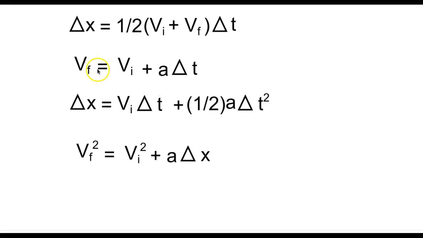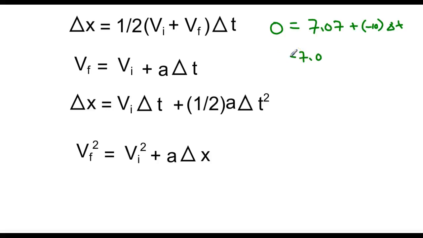So I've got enough to figure out delta t using VVAT. So the final velocity in the y direction I know, initial velocity in the y direction I know, acceleration. The only thing I don't know there is delta t. So the final velocity is 0, the initial velocity is 7.07, acceleration is -10 times delta t.